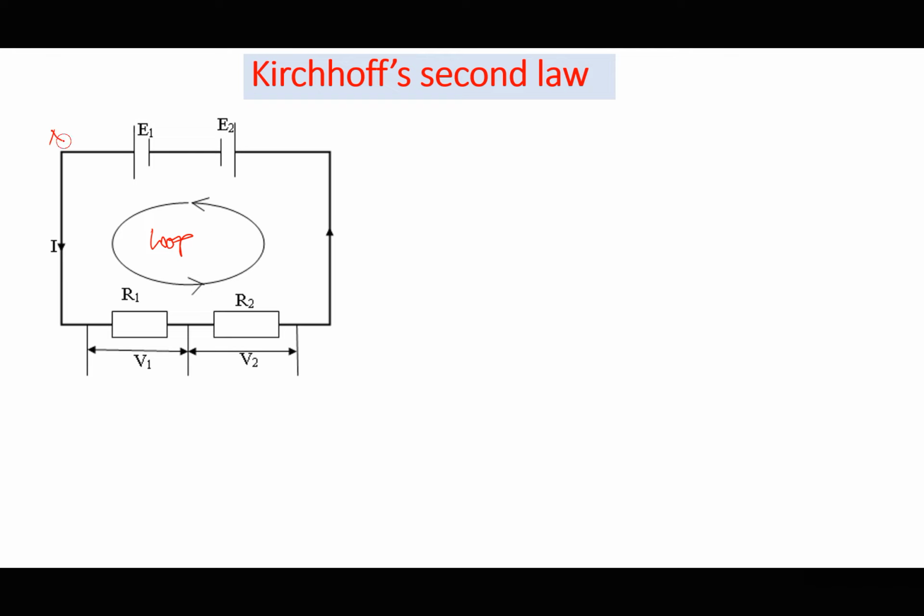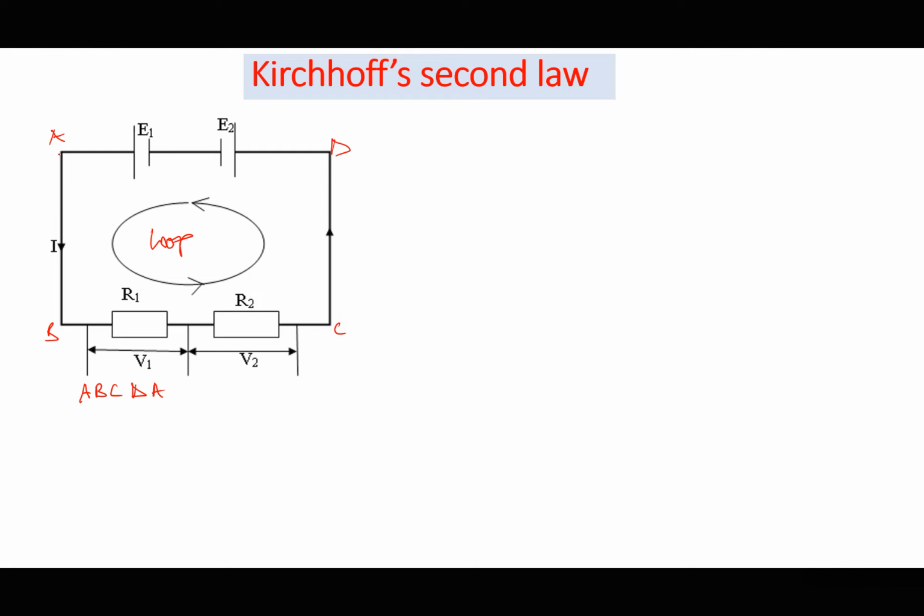I will label this A, B, C, D. According to the direction of this loop, I'm moving around the circuit from A to B to C to D, back to A.